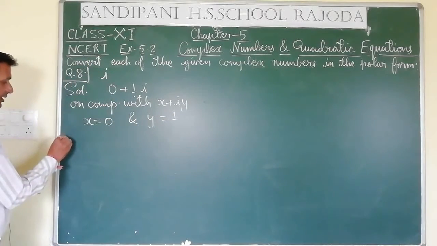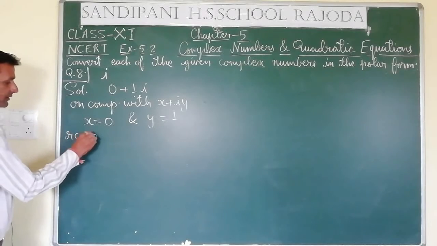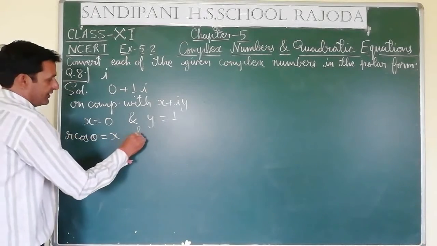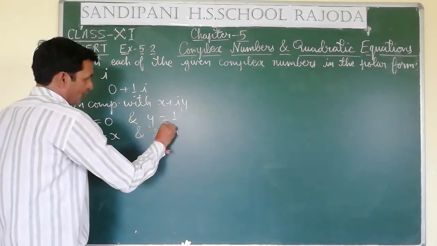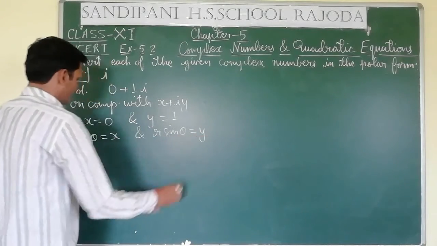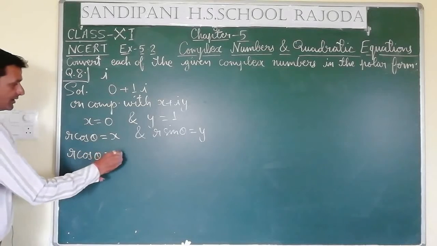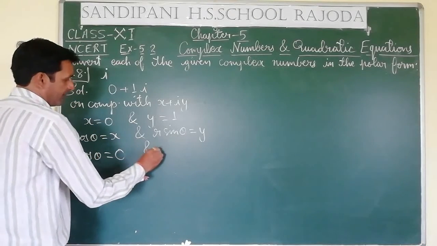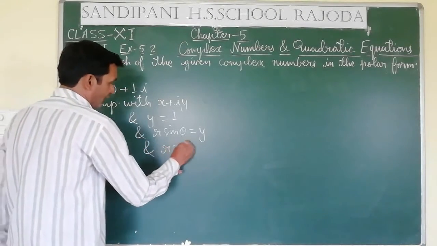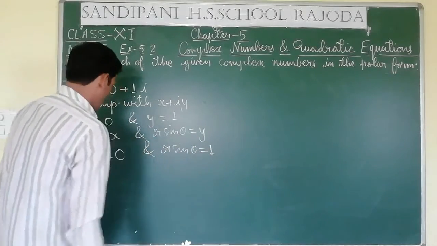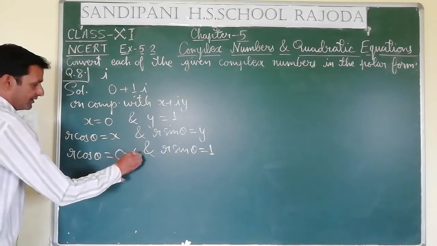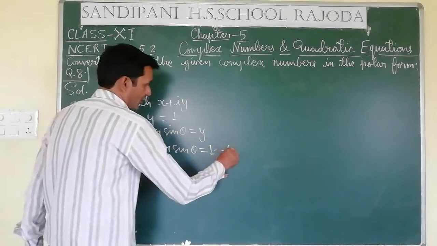So r cos theta is equal to x and r sin theta is equal to y. So we may write r cos theta is equal to 0 and r sin theta is equal to 1. It is equation 1 and this one is equation 2.